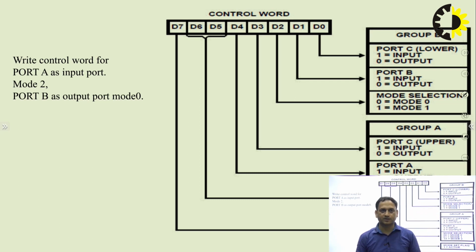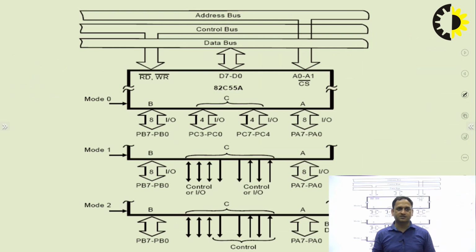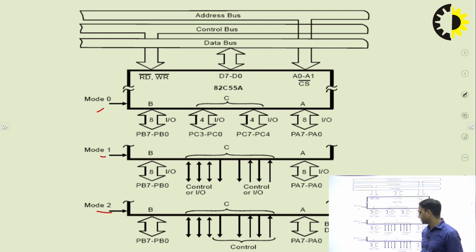It is a simple 2-line program which can be used to write the control word for the different cases. We just have to find the port A case, the port B case, and the differences in the modes. So these 3 cases are very important in a summarized way: mode 0, mode 1 and mode 2.